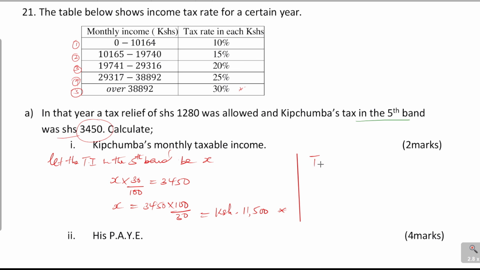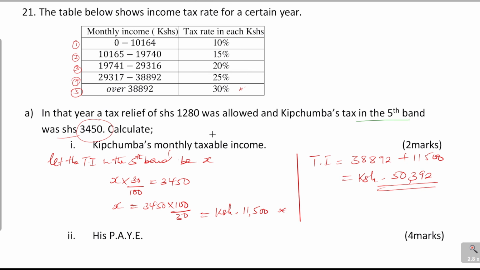So the total taxable income, we'll simply get it by taking 38,892, and then we add the amount that is above it, which is 11,500, and that will be the taxable income, which is 50,392. So that is how you're supposed to calculate Kipchumba's monthly taxable income.